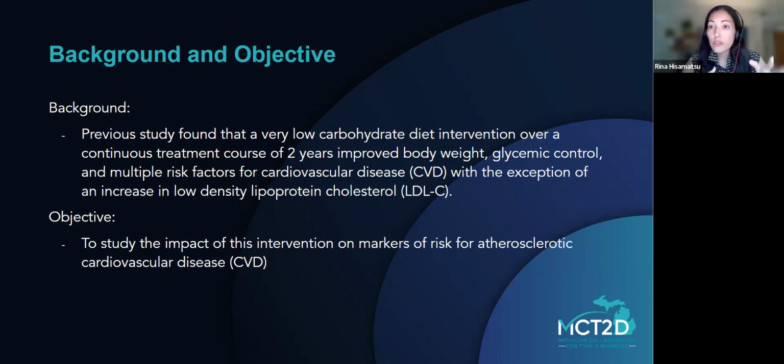So the objective for this study was to investigate the impact of this intervention on markers of risk for atherosclerotic cardiovascular disease.